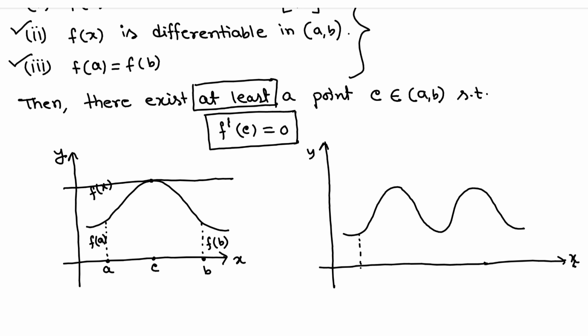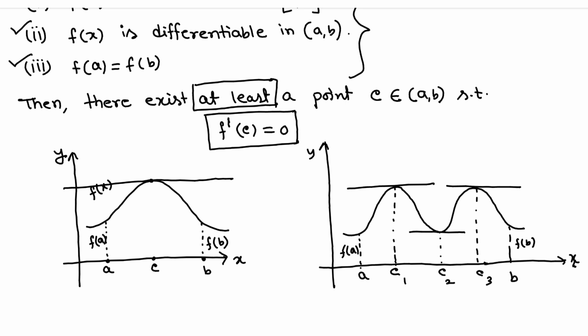Let's say this point is A and this point is B. Obviously this is f of a and this is f of b. Between A and B you can see this is a point, let's say this is c1, another point c2, and another point c3. Here you are getting 3 points where the tangents are parallel to the x-axis. Yes or no? That's why it is given that at least 1 point. That means there is a possibility that you will get more than 1 point c.